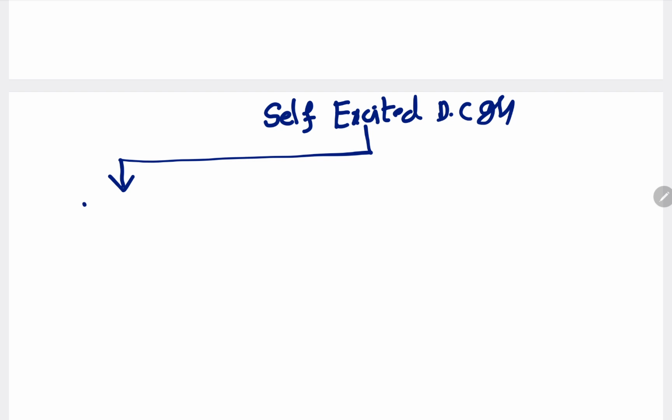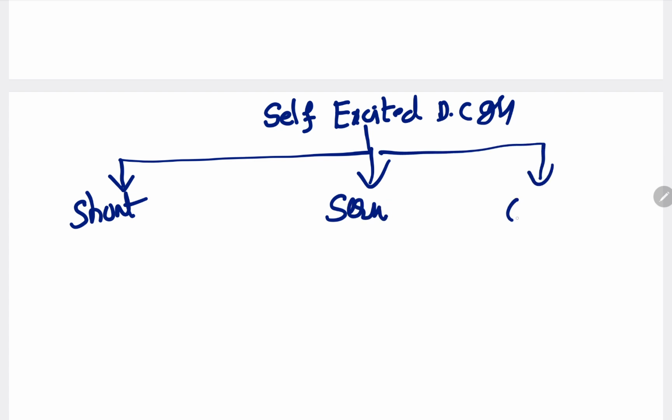Now, self-excited DC generators. In self-excited DC generators, we have three types: one is the DC shunt generator, another is the DC series generator, and the third is the DC compound generator.